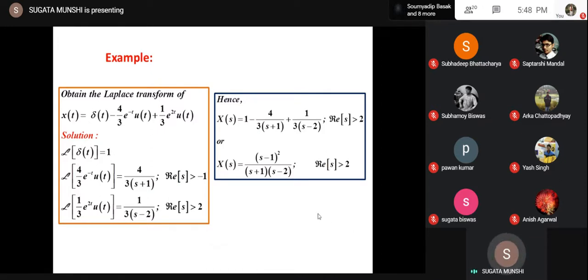So that fact has manifested itself such that the Laplace transform of x(t) has a region of convergence that does not include the j omega axis. It means that if you replace s with j omega, that will not converge.